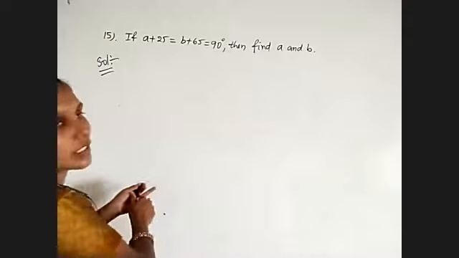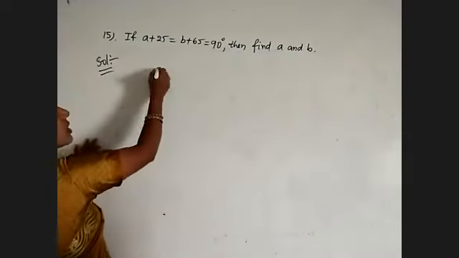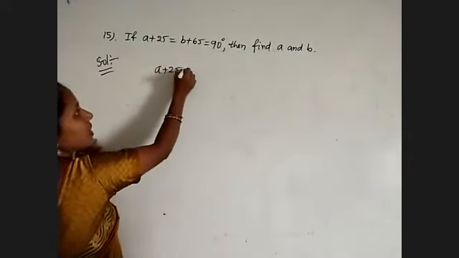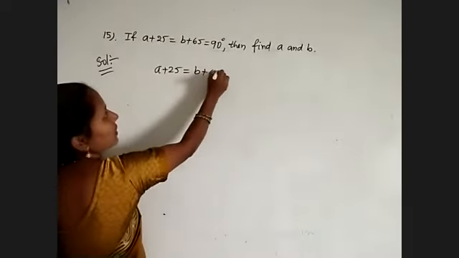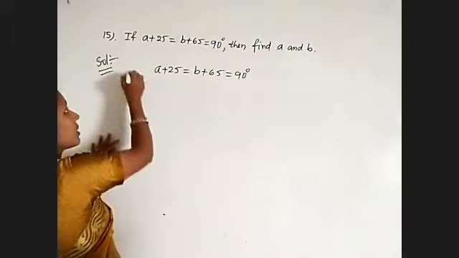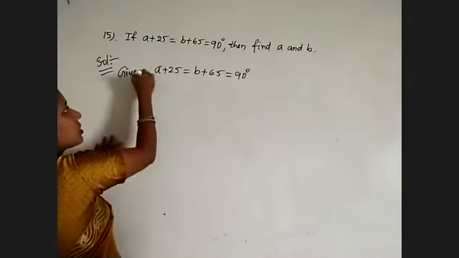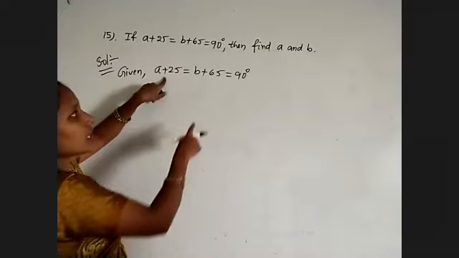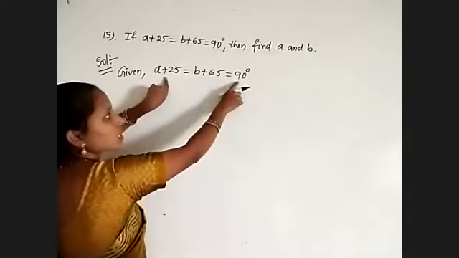First of all, write whatever relation they have given. Here, A plus 25 is equal to B plus 65 is equal to 90 degrees. Two equations are there in the given statement. So just observe, this value is equal to this value, and this value is equal to this value.